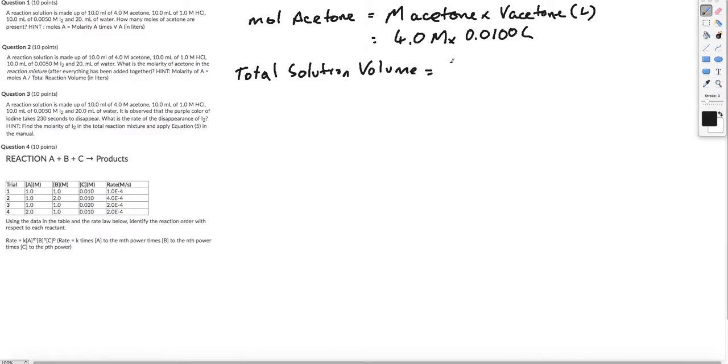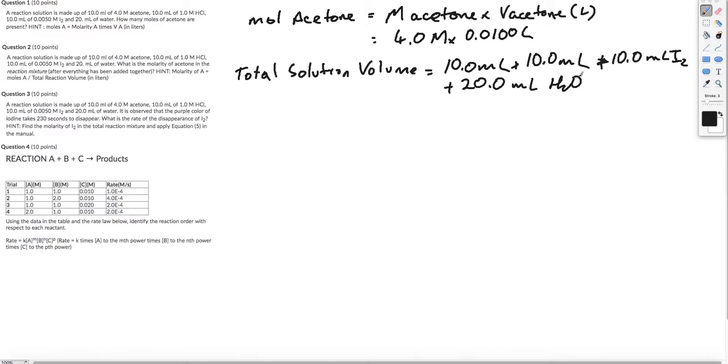It includes 10 mL of acetone, and then 10.0 mL of HCl, and then 10.0 mL of I2, and also, should be plus there, 20.0 mL of water. So that'll give you a total volume there.